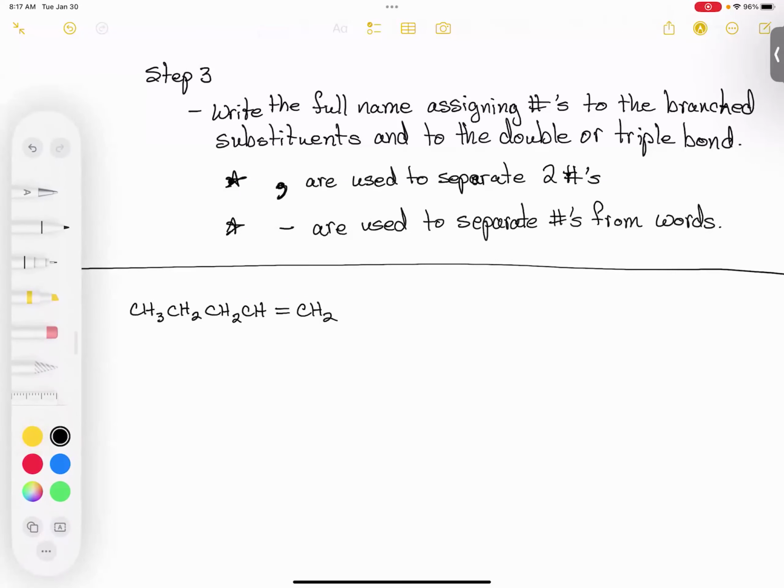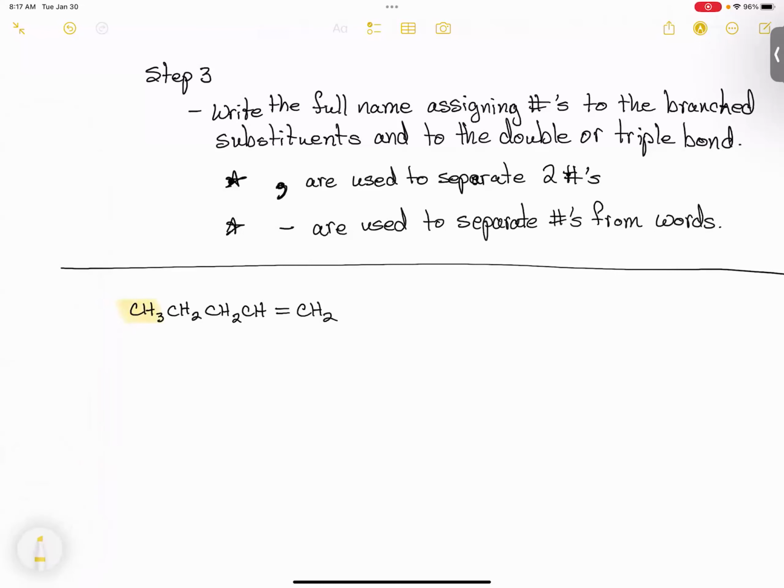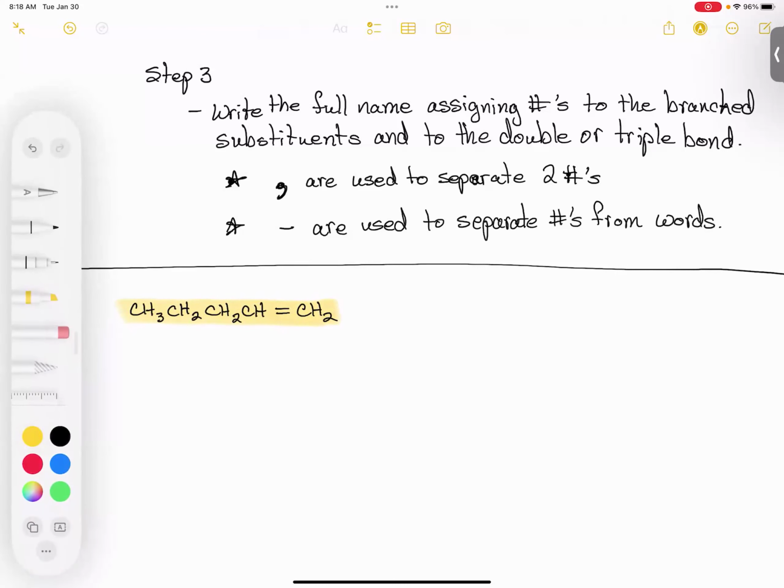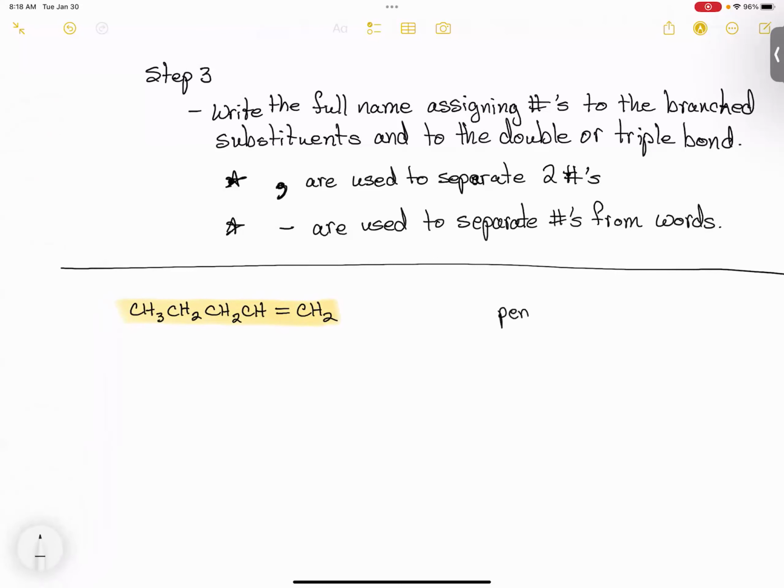Step number 1 is to find the longest chain that includes the double bond. The longest chain that includes the double bond is a 5-carbon chain. A 5-carbon chain has the prefix pent. So we know that this is going to be a pentene because it has a double bond in it. Now you got to tell me where that double bond is. So step number 2 says to start counting from the end closest to the double bond.